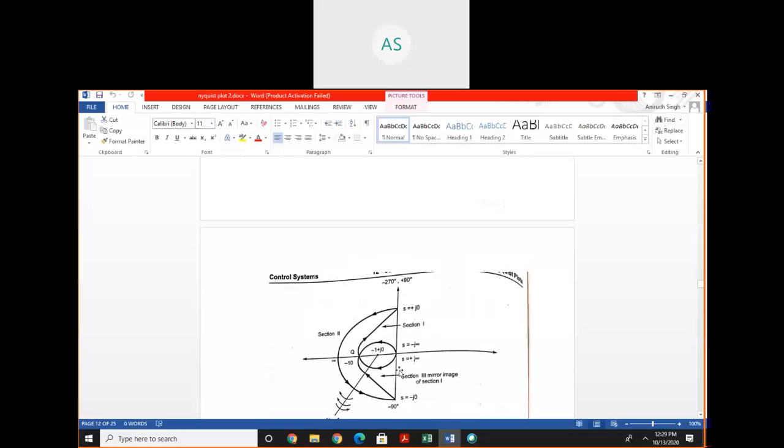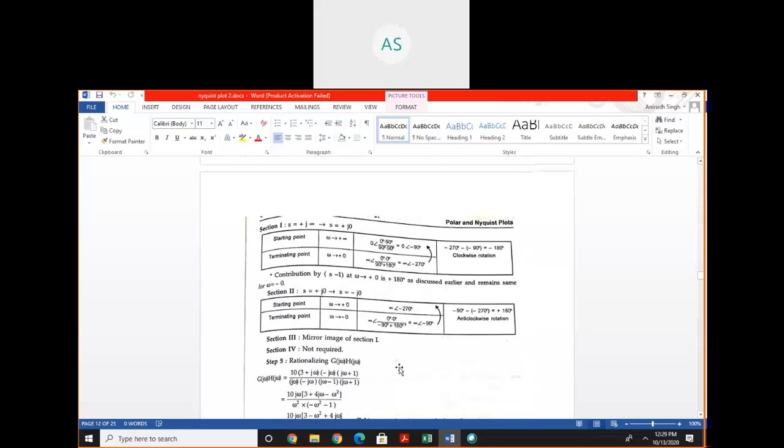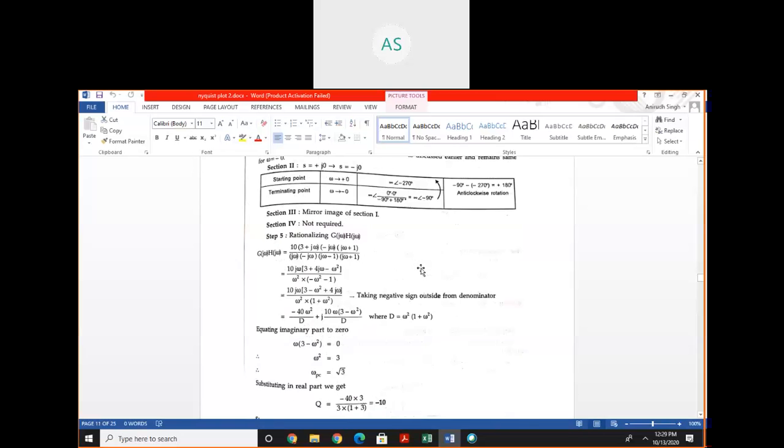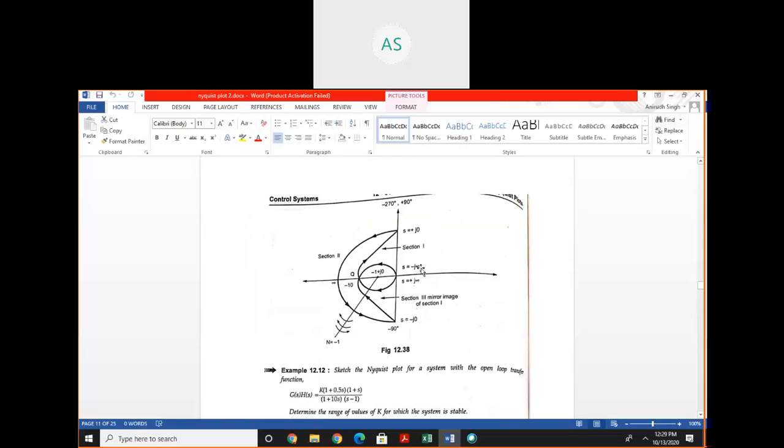Then substituting the value of the phase crossover frequency in the real part, we get the value of the intersection of the Nyquist plot on the real axis. The Nyquist plot is like this. In the first case, magnitude is 0, angle is minus 90; the terminating point is magnitude infinite, angle minus 270.